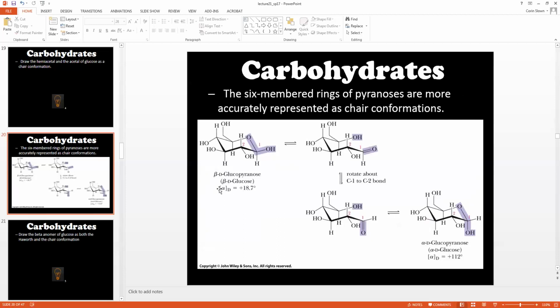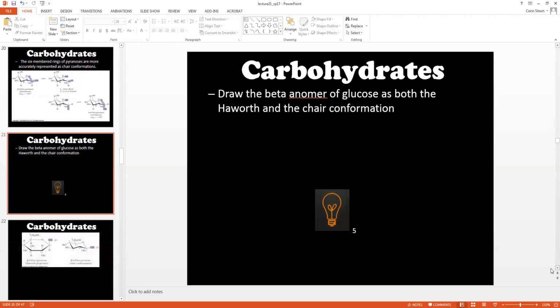Notice, the optical rotation for beta D-glucopyranose is not the same as the optical rotation for alpha D-glucopyranose. So it is a misconception to think that beta will always have a specific optical rotation that is matched or mirrored by the alpha. So draw the beta anomer of glucose as both the Haworth and the chair configuration.